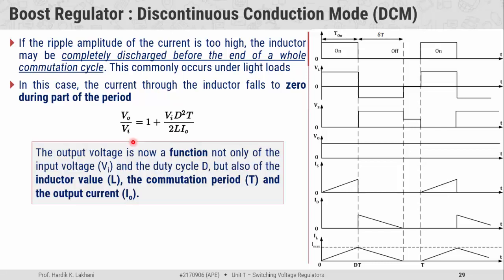So here also, for the boost regulator in discontinuous conduction mode, the output voltage is not only a function of duty cycle D as in the case of continuous conduction mode operation, but here output voltage is also a function of inductor L, output current, input voltage and the commutation period T.